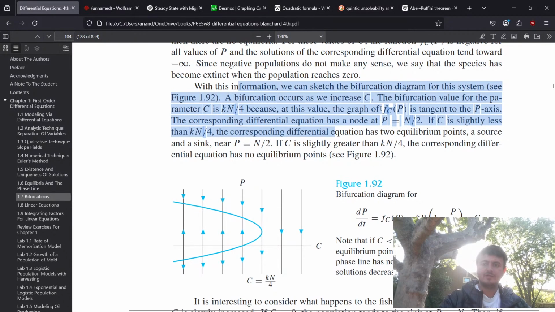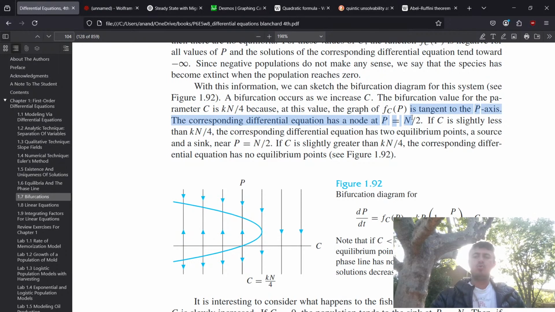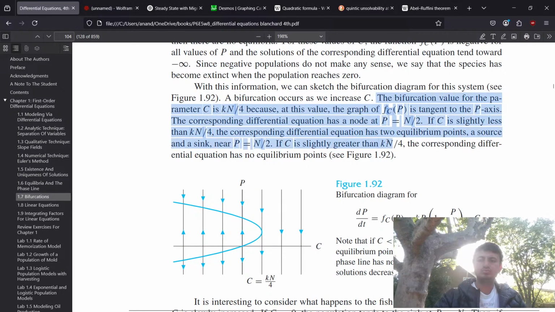The graph of F_C(P) is tangent to the P-axis. Okay, so that's that line.